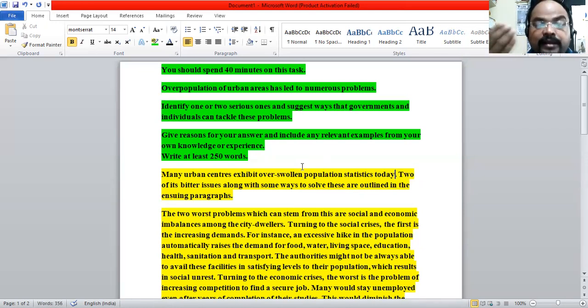So I have made the sentence a little bit formal and brief. So the first particular sentence is edited. The second sentence is left as it is.